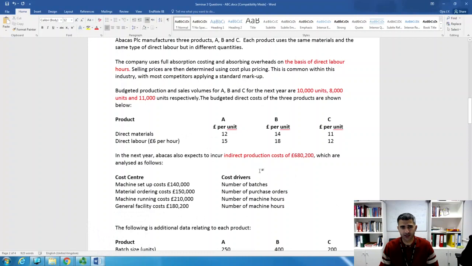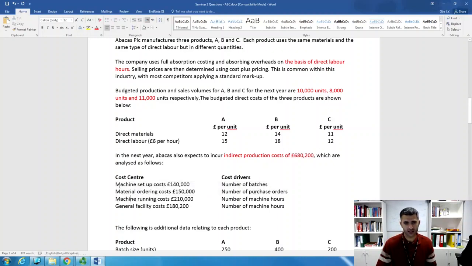and let's look at this. Now, when it comes to this, the 680,200, this is the production cost, and this is broken down into the activities or the cost here. Can you see them?